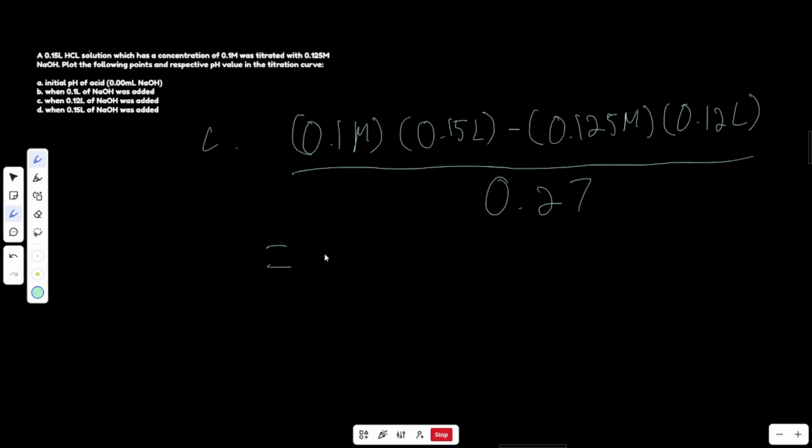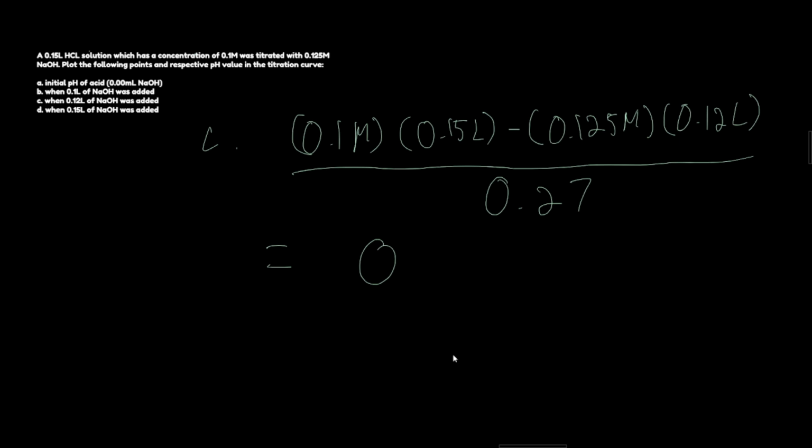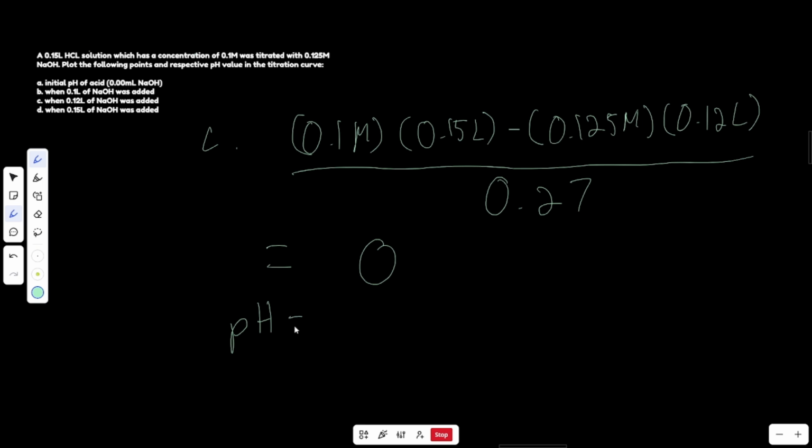Now, if you do the calculation, you'll actually come to find that this is equal to 0. And obviously, if it's equal to 0, then that means we're at the equilibrium point. And if you recall, the equilibrium point, the pH there for a strong acid and strong base reaction is equal to 7. So the answer to letter C is just pH 7.